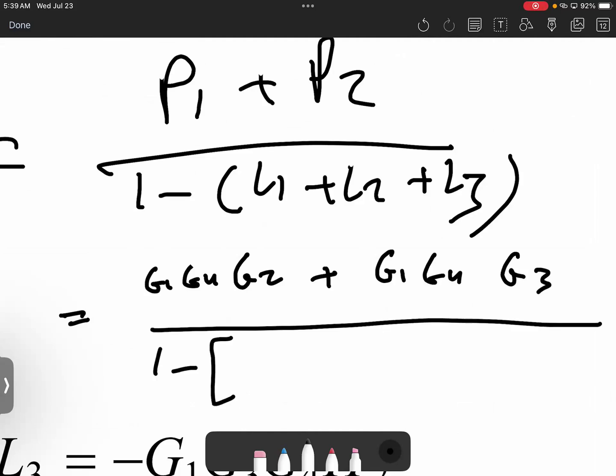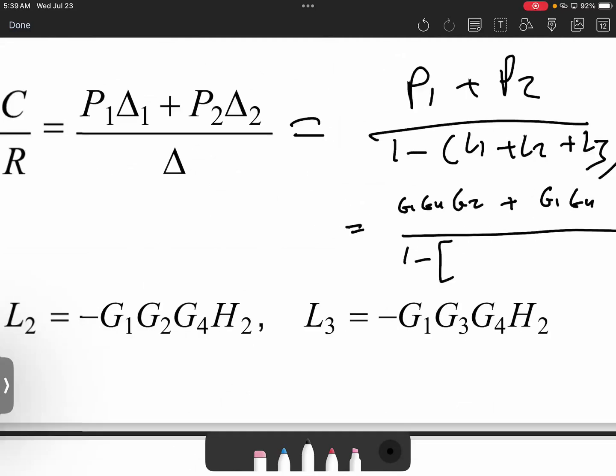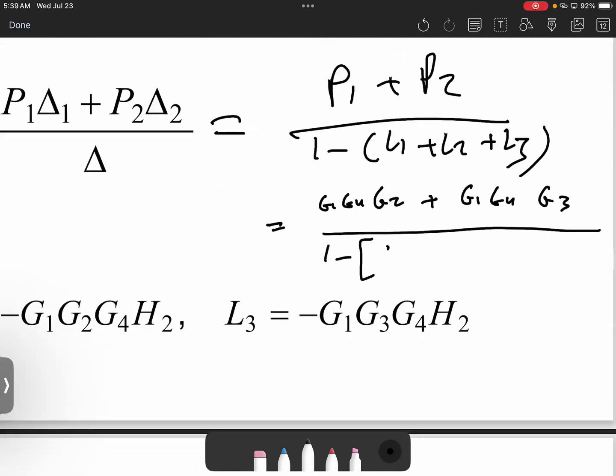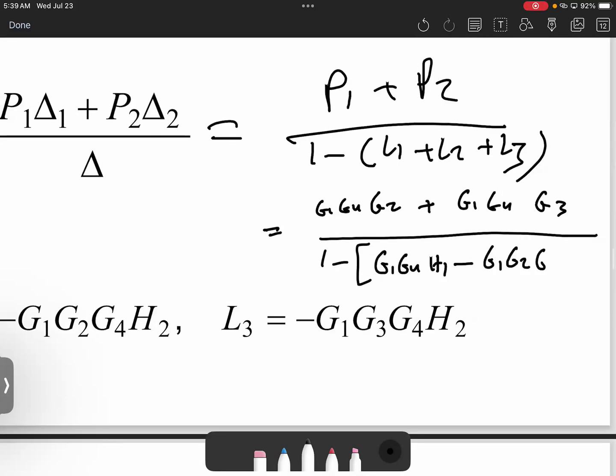How about L1? G1, G4, H1. How about L2? G1, G4, G2, H2. Then minus L3, G1, G3, G4, H2.